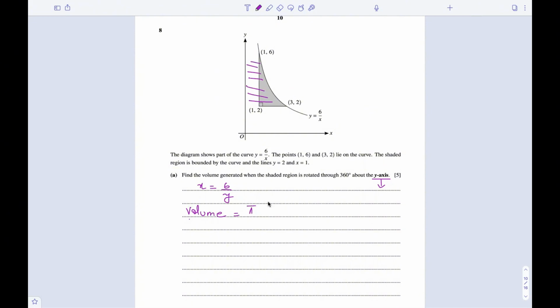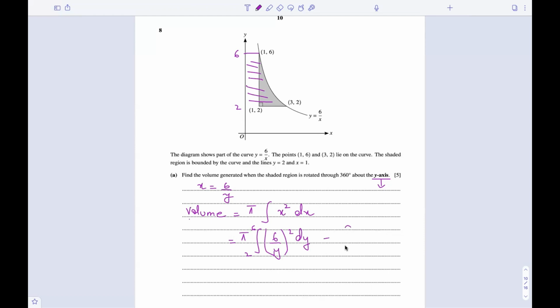we use the formula pi times integral of x squared dx. Now the limits will be 6 and 2 as the coordinates are given. So this is 6 and this is 2. So we'll write pi times the integral of (6 upon y) whole squared dy, and the limits are 6 and 2.